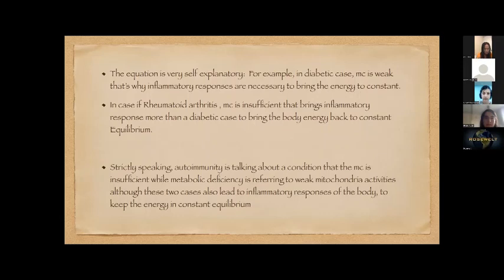So strictly speaking, autoimmunity is talking about a condition where MC is insufficient, while metabolic deficiency is referring to weak mitochondrial activities. Although these two cases also lead to inflammatory response of the body to keep the body energy at a constant equilibrium. So you need to make it clear that not all autoimmunity are the same.